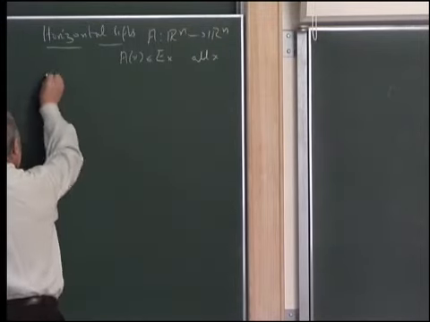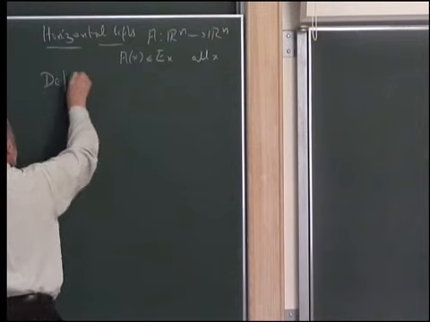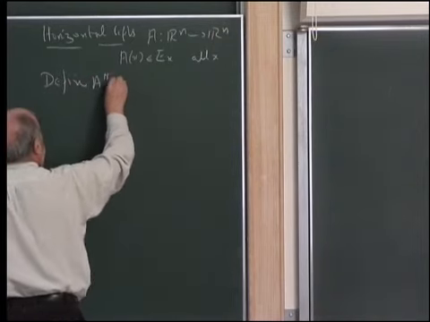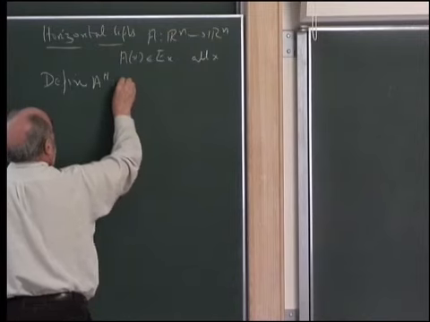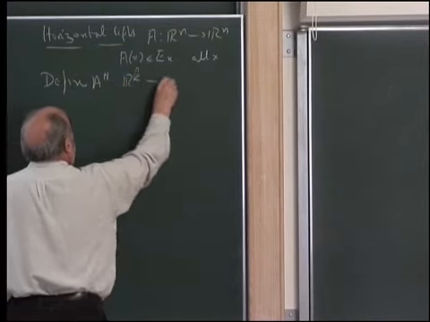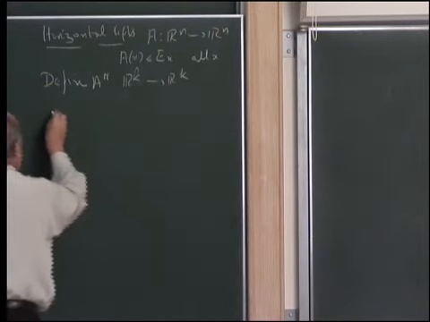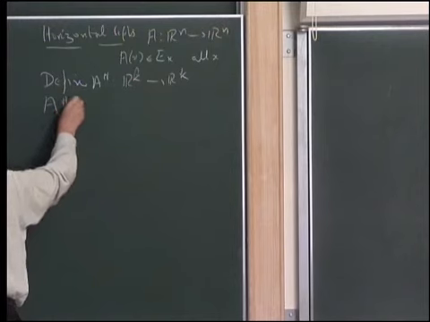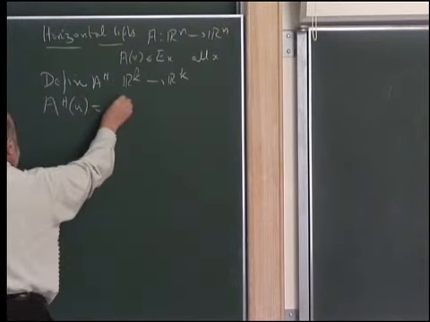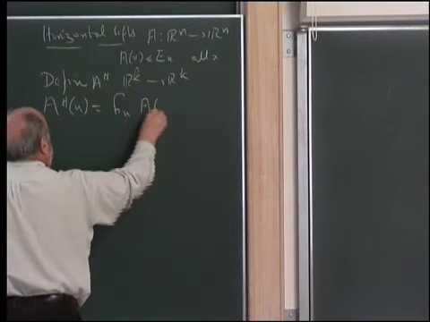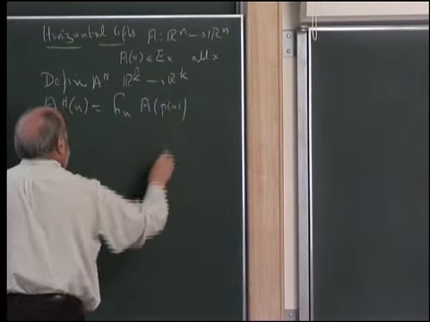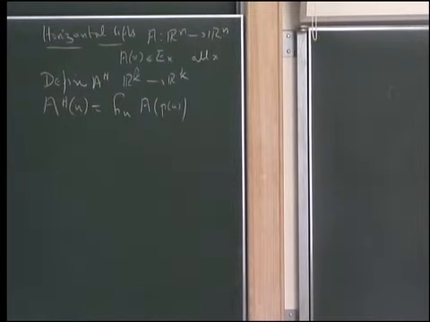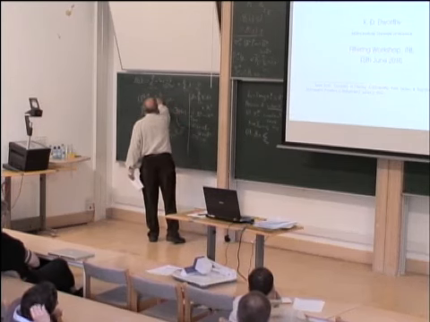Then we can define A^H, which is going to go from R^k to R^k upstairs, by A^H at u is just equal to H(u) A(p(u)). So I've taken a vector field on my space down here and lifted it up to there.